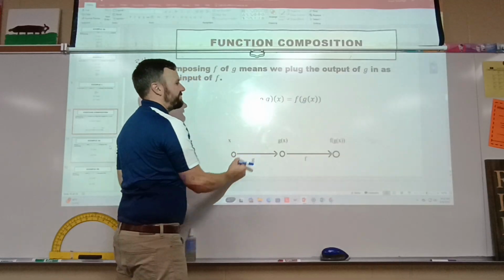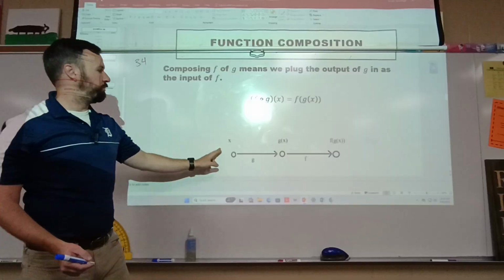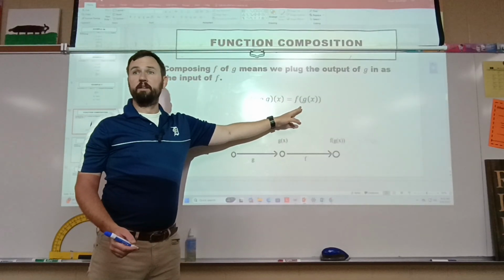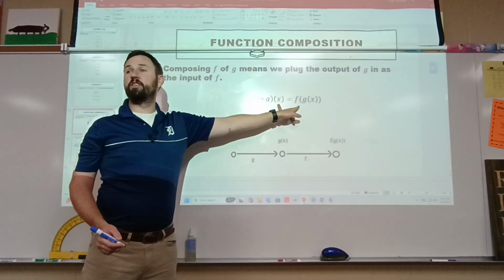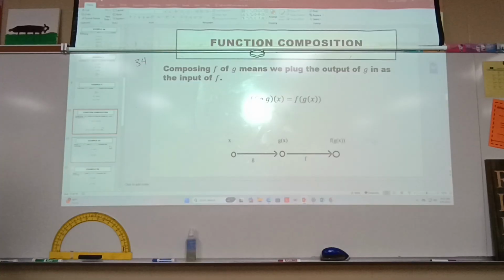If I see this dot, it means f of g of x. It tells me I'm going to plug my x into g and take that output and plug it into f. This looks scarier than what it's going to actually be when we do examples, okay? It's just saying f of g of x.